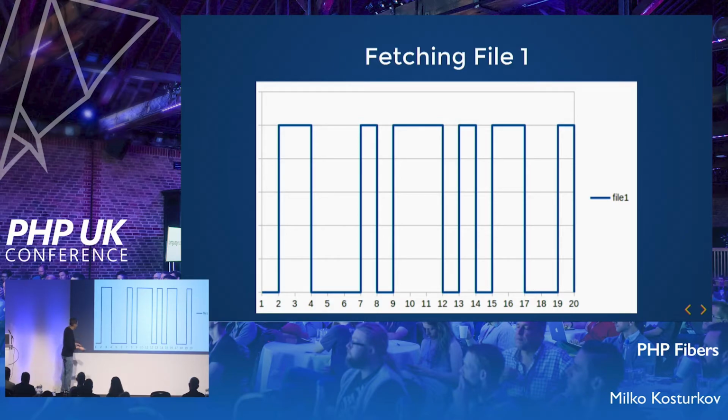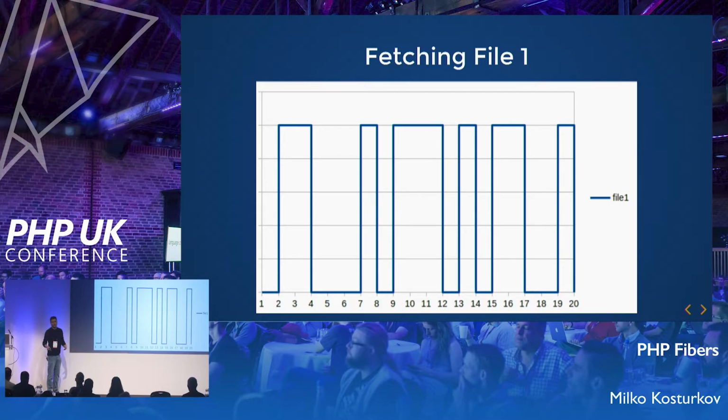If we start downloading a file, this is something that kind of happens. This is a timeline here on the X axis with some sort of time units. And here we represent when something is being downloaded. So we initiate the download, and nothing happens initially because we just wait. We wait for a connection to get established, we wait for a server response, we wait for network latency, we wait for whatever.